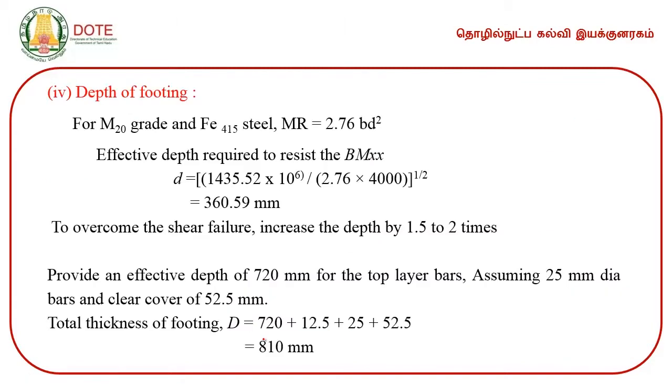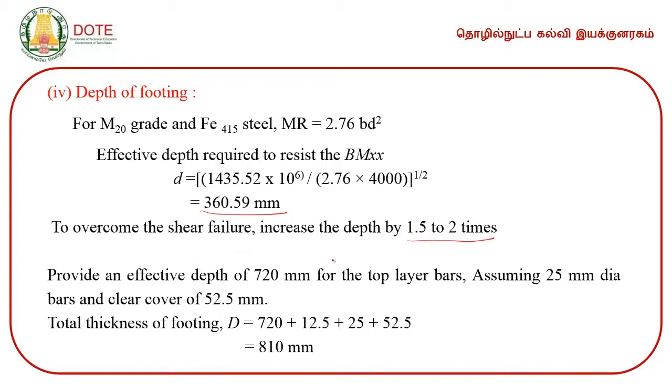Now, equating the bending moment value with the moment of resistance for grade M20 and Fe 415, the moment of resistance is equal to 2.76 B d square, and from this we can get the value of d. So the effective depth from the bending moment consideration is found to be 360.59 millimeter, and to overcome the shear failure it has to be increased by a factor of 1.5 to 2.